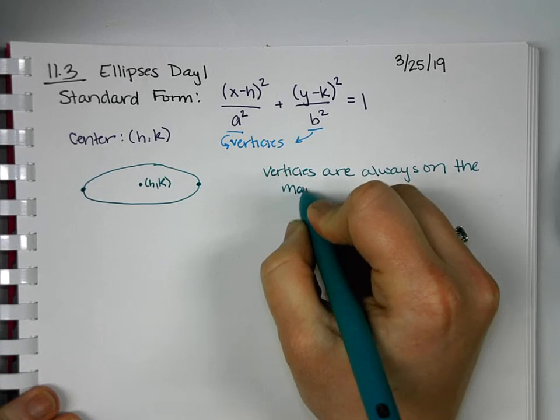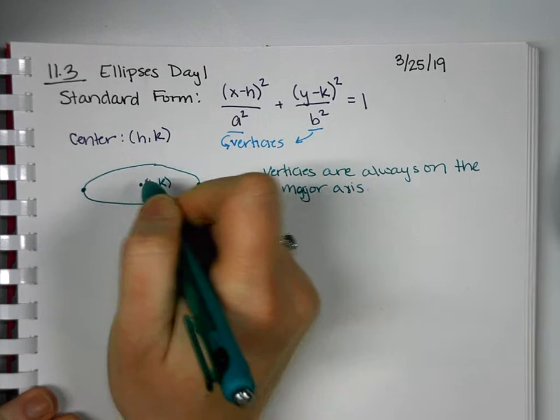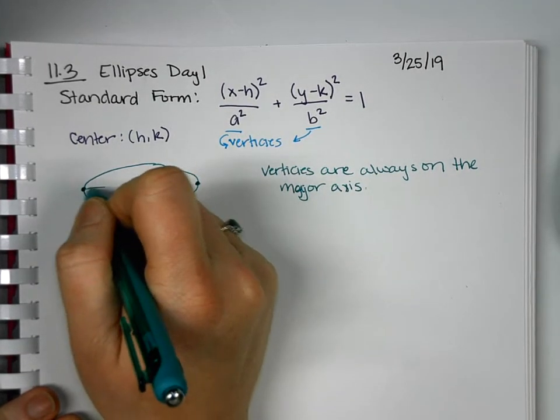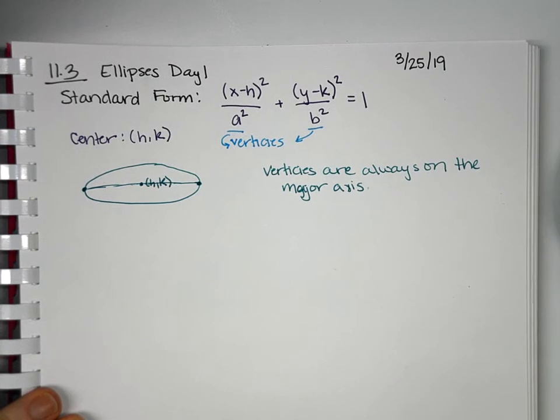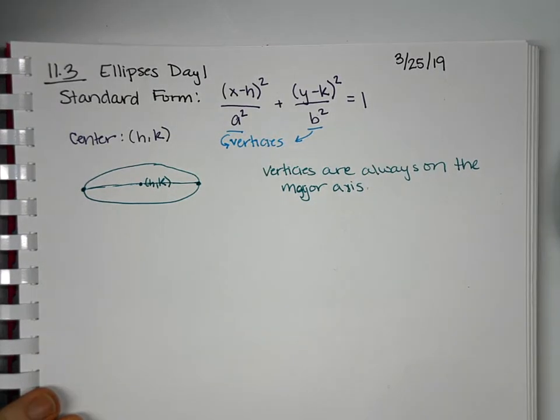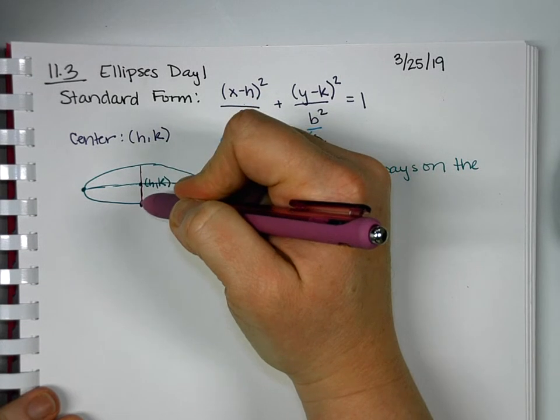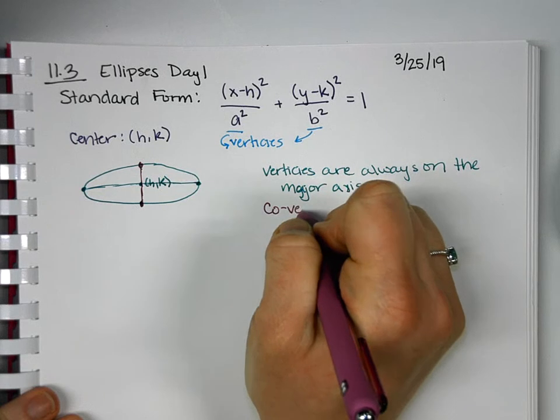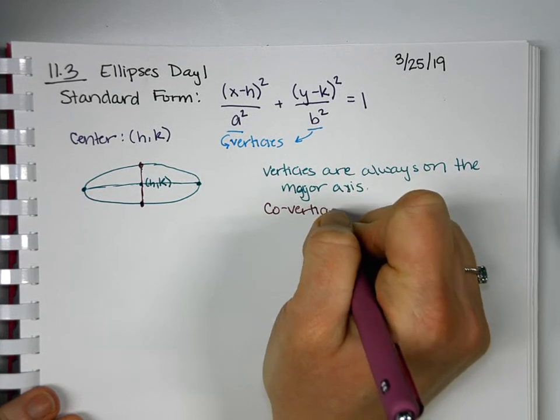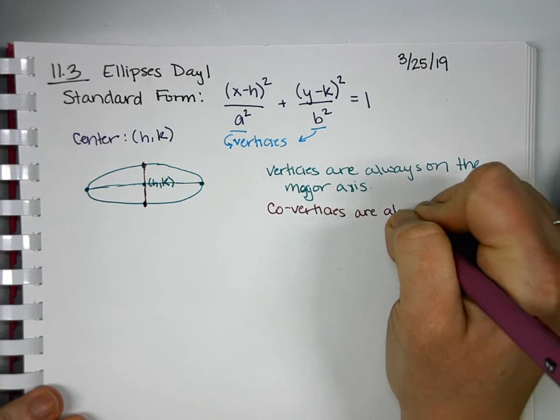M-A-J-O-R, axis. And what the major axis means is if you were to draw the line connecting all three of these, it's going to be longer than what's called the minor axis. The minor axis connects the co-vertices, which are always on the minor axis.